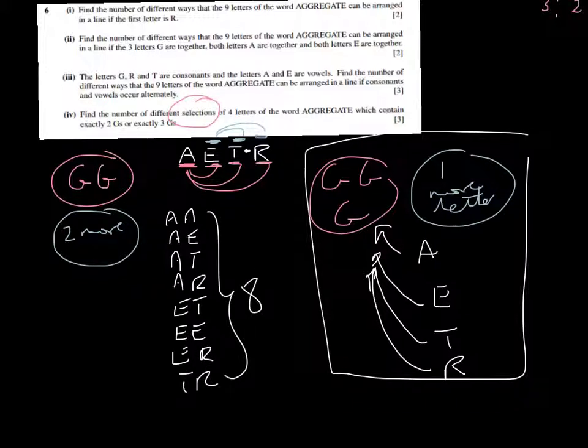And I guess it's just a diagram to help you do that systematically so you don't miss any out, because you are just selecting them. So once you've selected A and an E, that's the same as an E and an A, so you don't need to select it again, if that makes sense. So anyway, all up we've got 12 different ways that we can select 4 letters, which contain exactly 2 Gs or exactly 3 Gs.